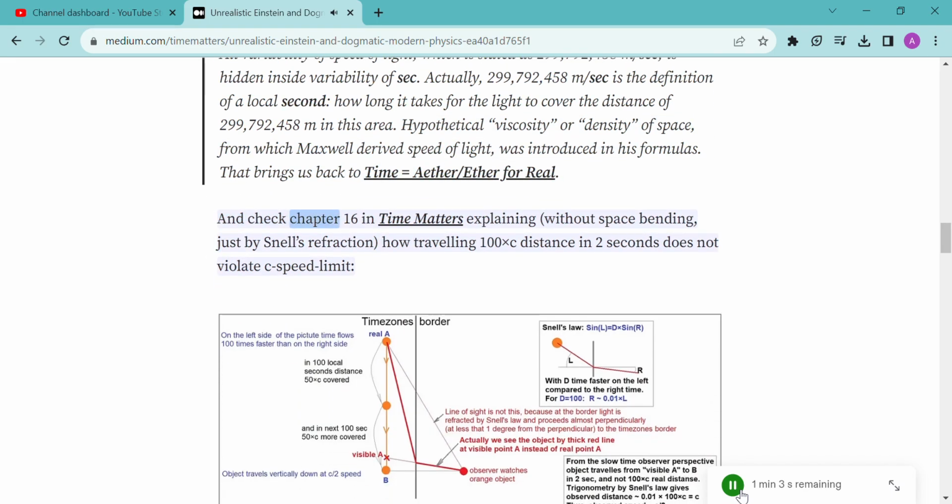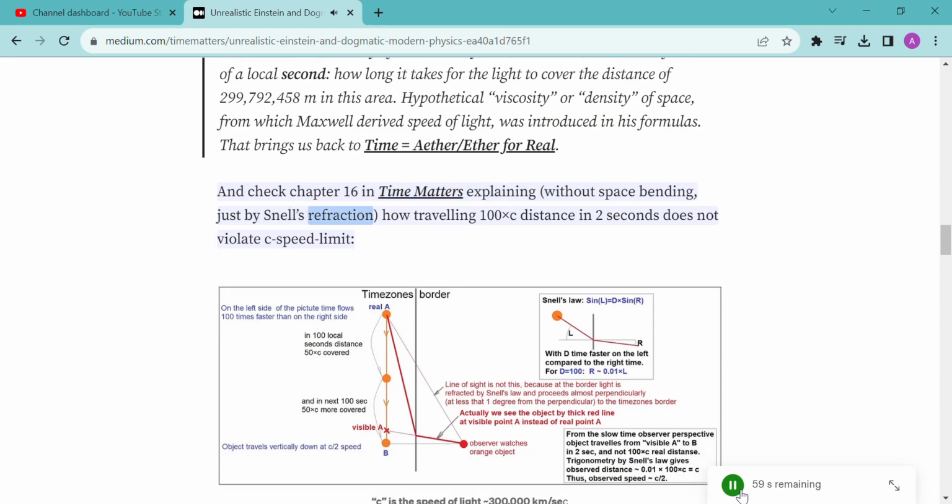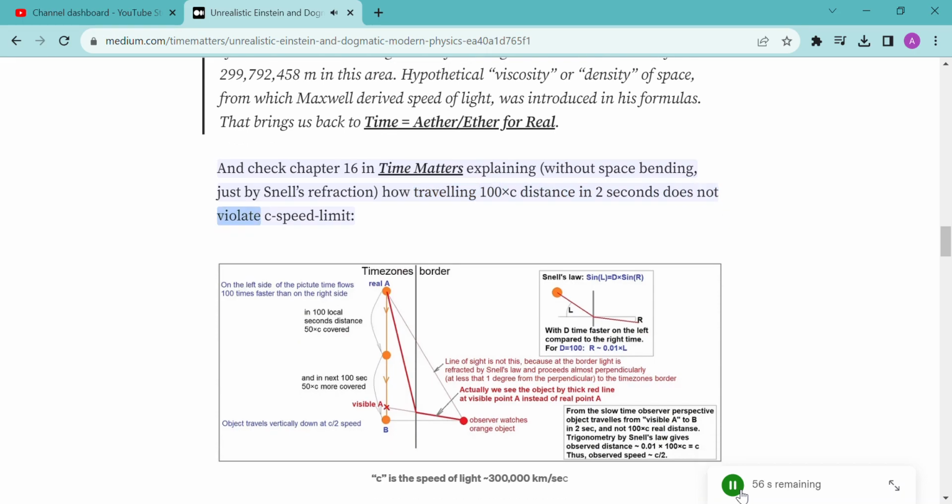And check chapter 16 in Time Matters, explaining, without space bending, just by Snell's refraction, how traveling 100 times c distance in 2 seconds does not violate the c speed limit.